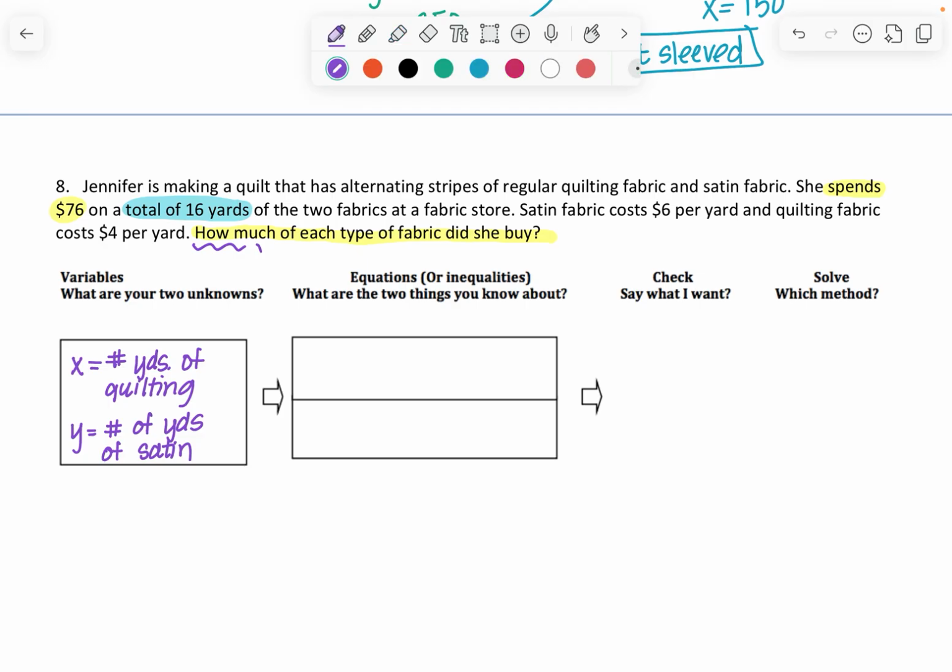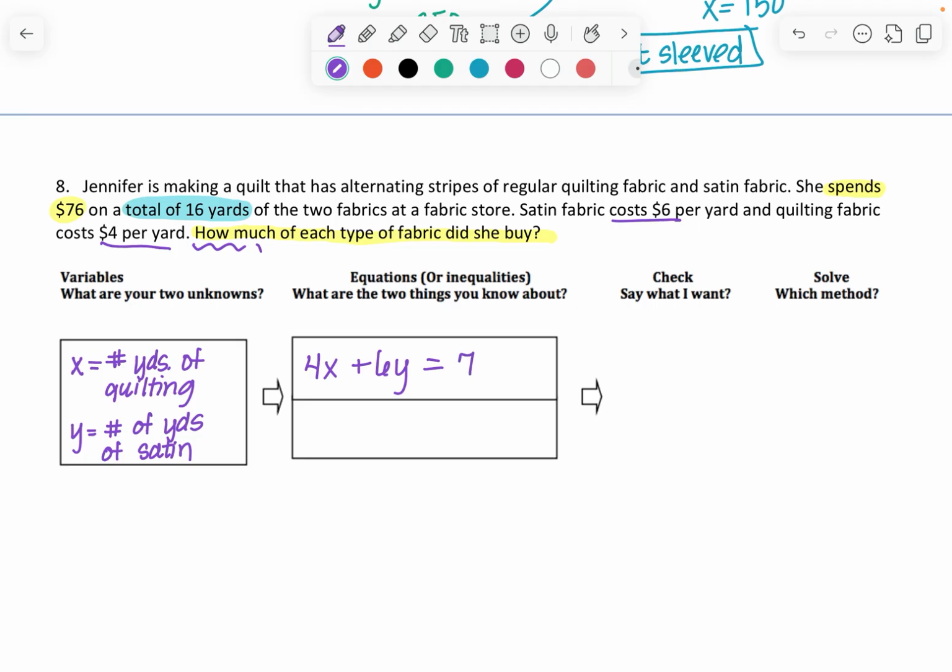Now, when we do cost, because our variables stand for number, we're going to have to multiply it by cost. So it tells us that satin fabric costs $6 per yard and quilting fabric costs $4 per yard. So since my x is quilting, that's going to be 4x. That tells me the cost for all of my quilting fabric, plus 6y, that's the cost for all of my satin.